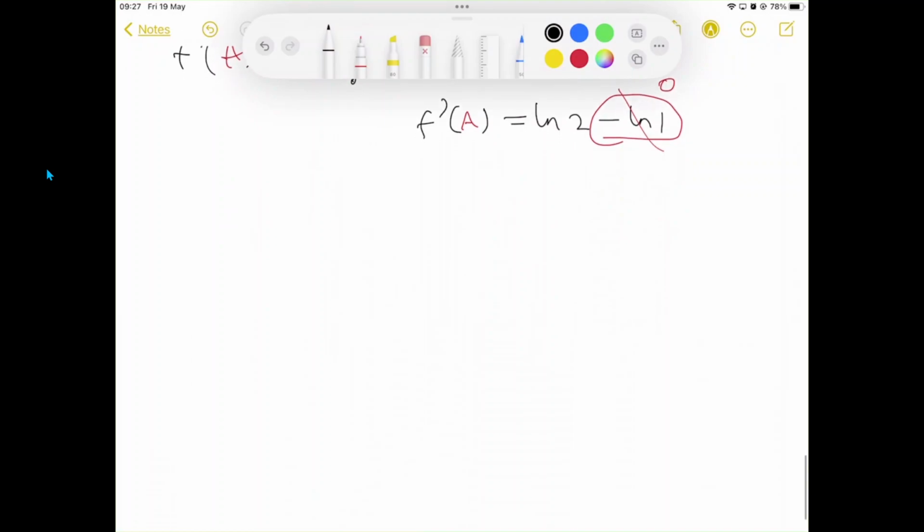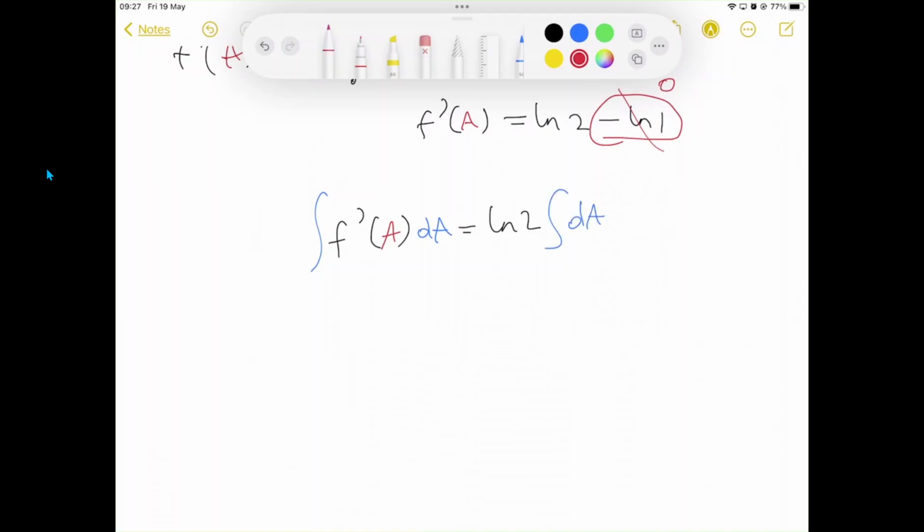If you were to do the integral of both sides, I'll put it in blue, with respect to a, so that we can get back to our f of a. Because ln of 2 is a constant multiple, I'll just put it outside of our integral with respect to a.